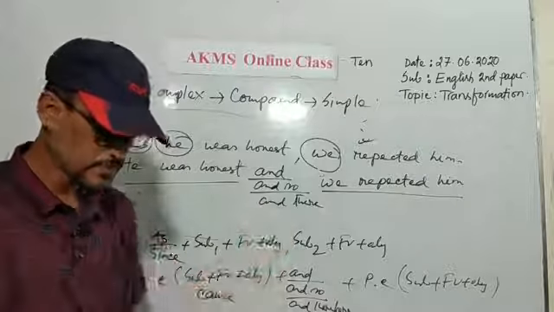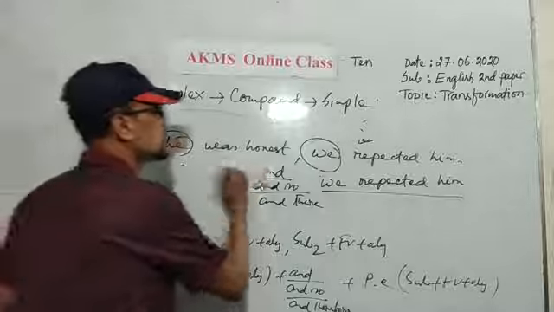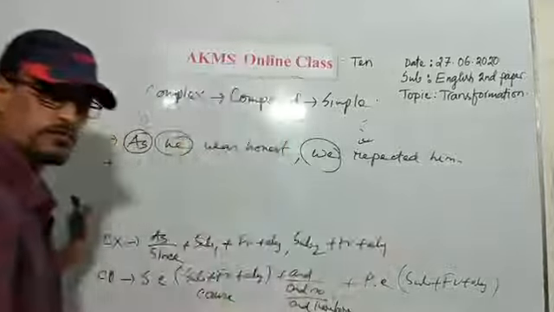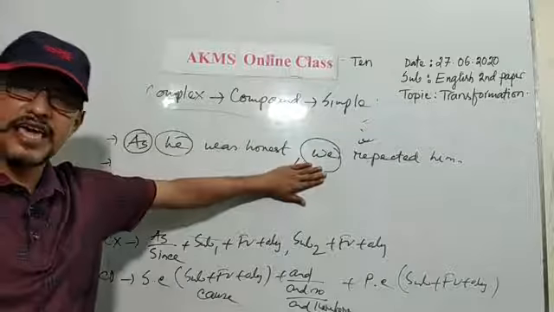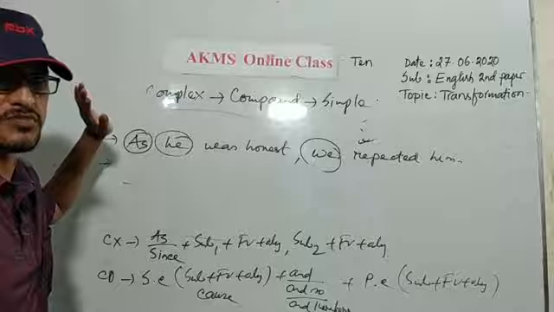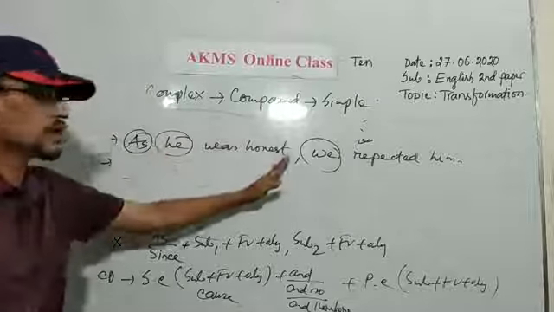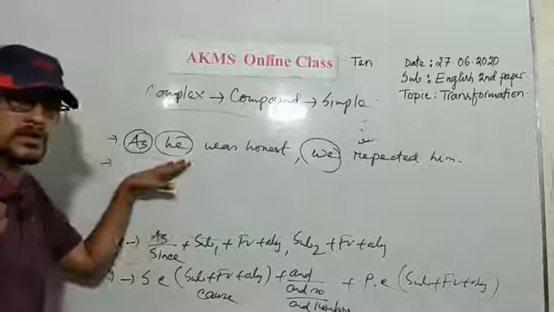Okay? Now, if you are asked to change it into a simple sentence, what will you do? Whenever the subjects were the same, then I have erased the subject. It is the clause and it is the clause. It is the principal clause and it is the subordinate clause.